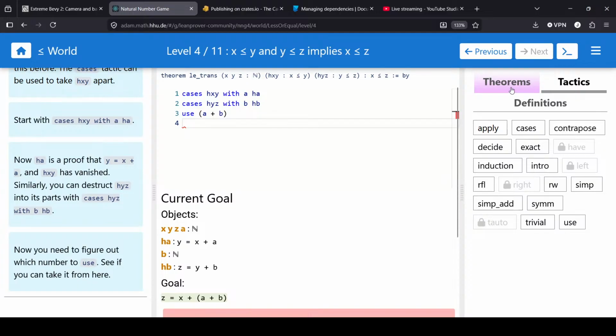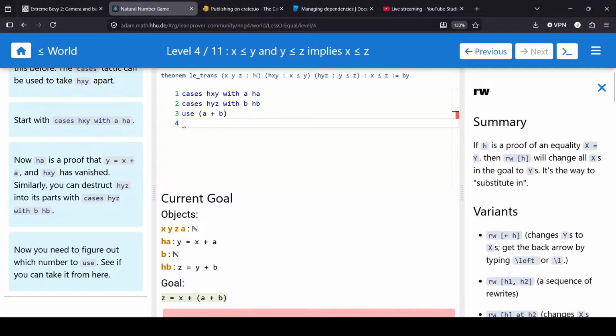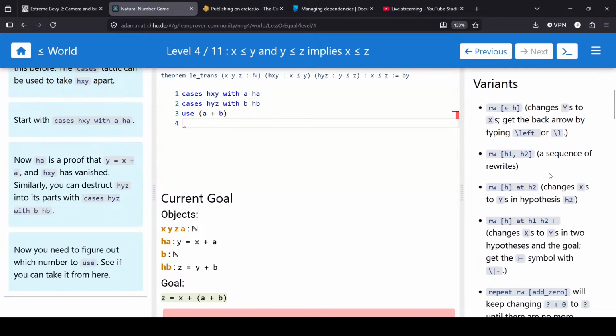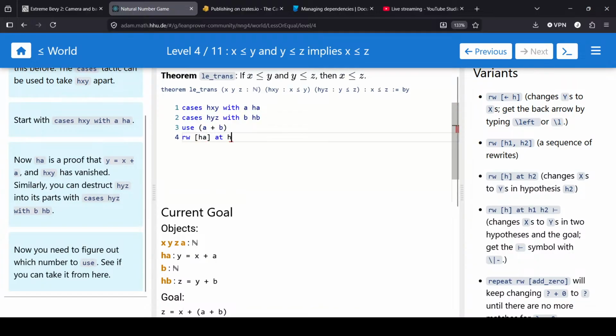So how would I rewrite? What if I want to rewrite my hypothesis? Because I have a hypothesis, I have another hypothesis. Can I do that? Oh, okay, yeah, at. Okay, so if I do rewrite ha at hb, I end up with this.